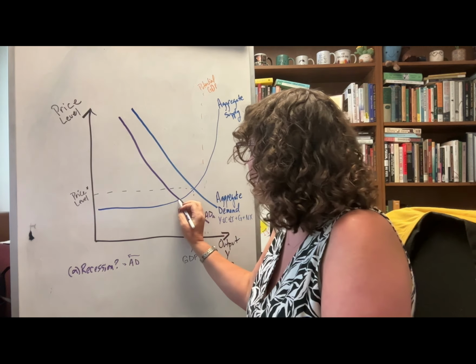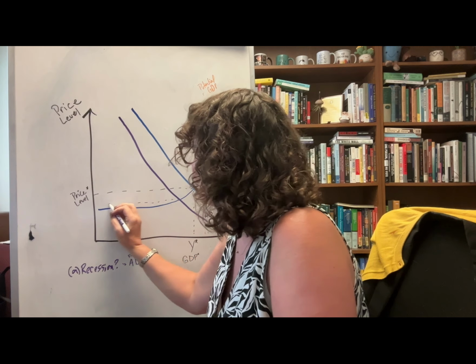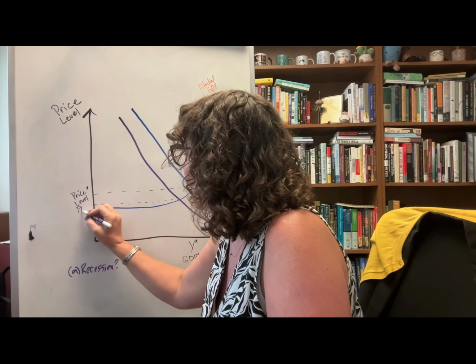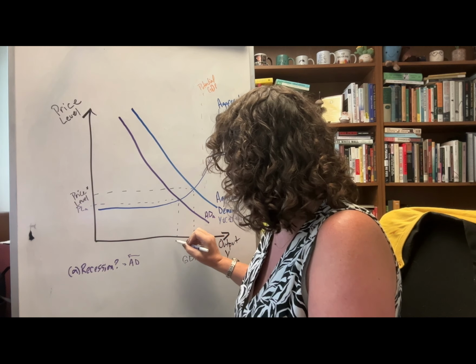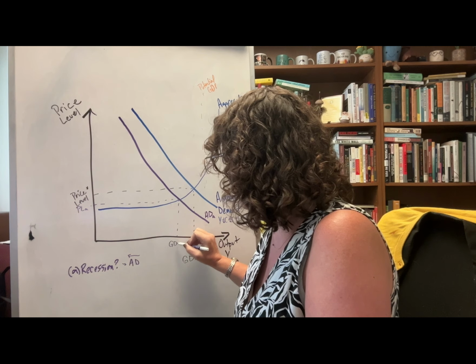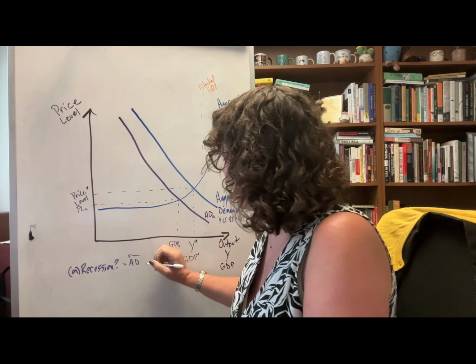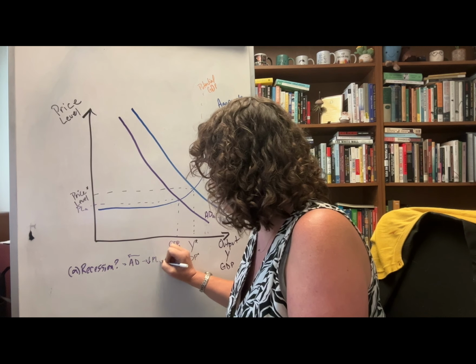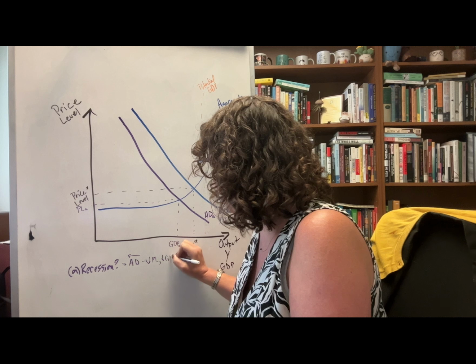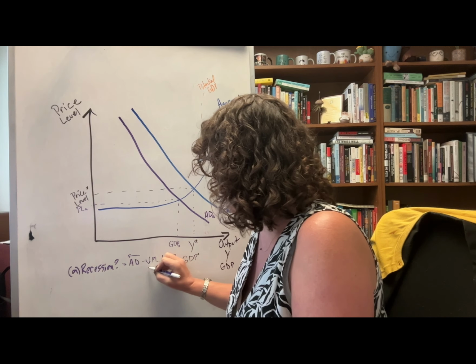So we can find the new price level here. We're going to expect the price level to go down. We're going to expect GDP to go down. And if we see a decrease in the price level and a decrease in GDP, we're also going to expect an increase in unemployment.